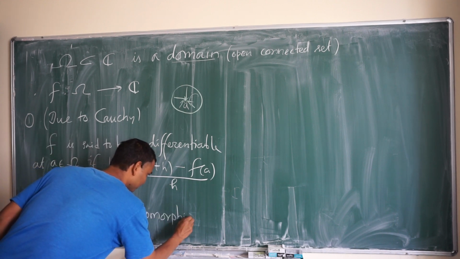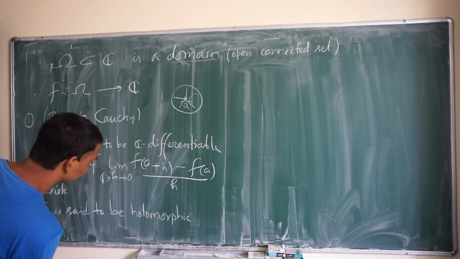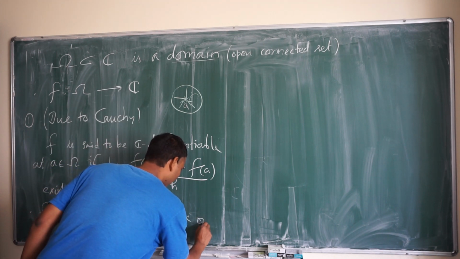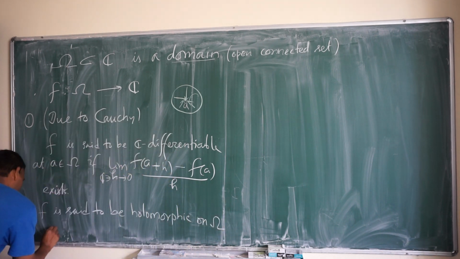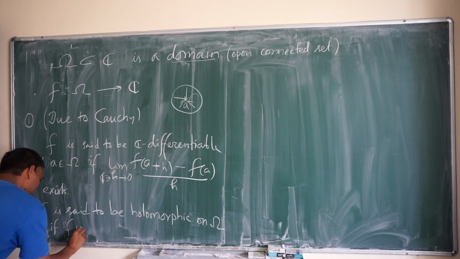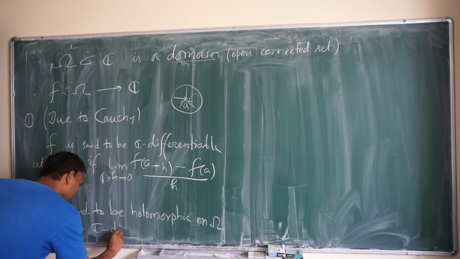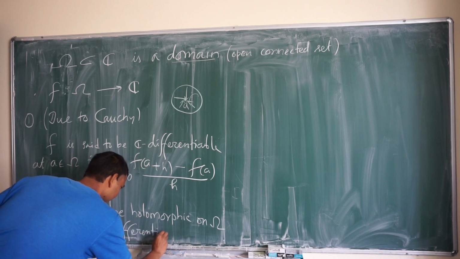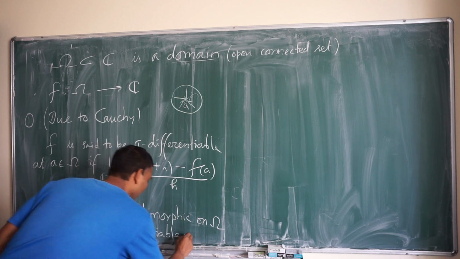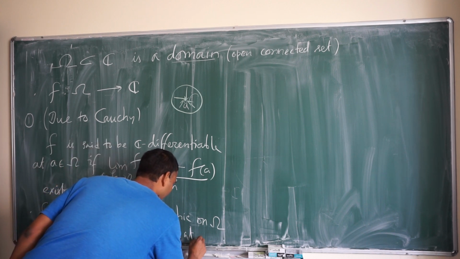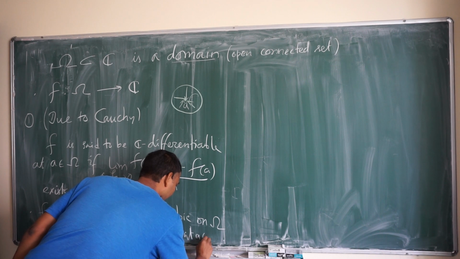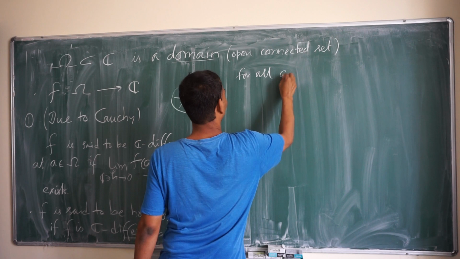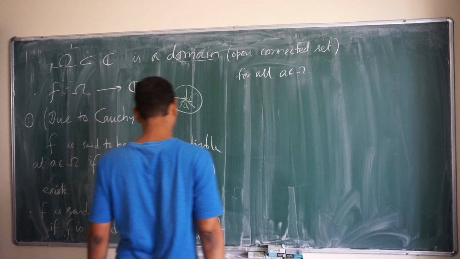The term I was talking about just a few minutes back: f is said to be holomorphic on omega if f is C differentiable at a in omega for all a in omega.